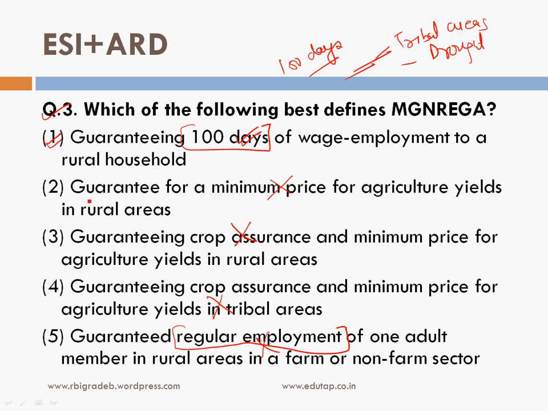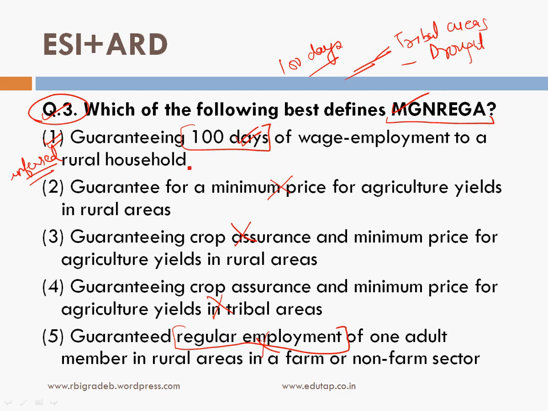Now the previous two questions could have been answered by the information given in the passage, but the answer to this question is not to be found in the passage itself. Please note that the answers to the previous two questions were inferred or deduced from the passage, but the answer to this question is based on your knowledge of the scheme NREGA.